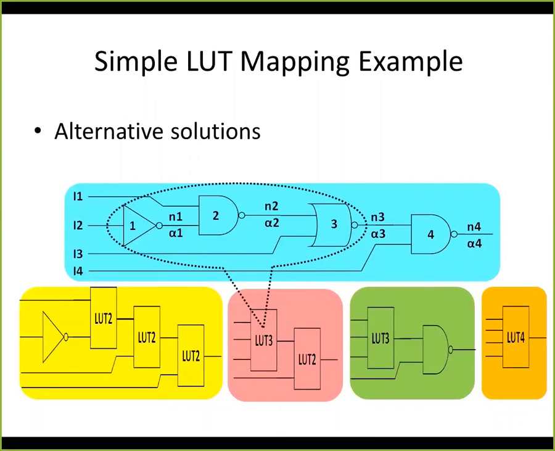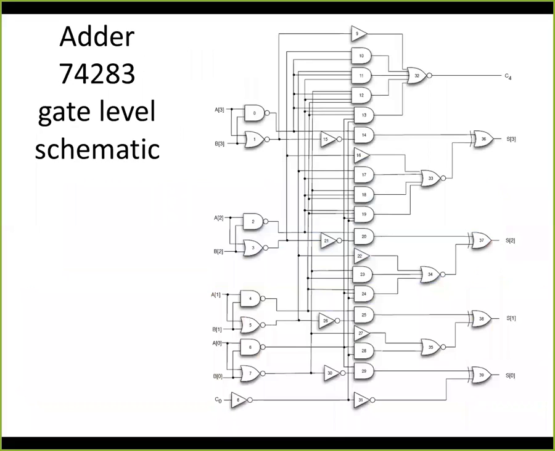At high level, we need to map the gate level design into these lookup tables. An example is shown here where we could come up with different ways of mapping multiple logic gates into a lookup table. And this is the approach that we take for mapping the gate level of the adder into using 2 lookup tables.